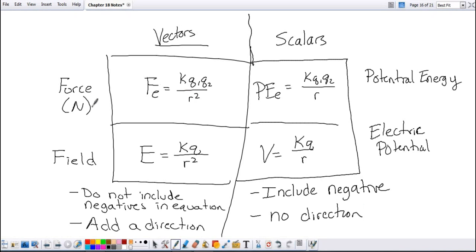But force is measured in newtons, fields are measured in newtons per coulomb, okay? Both vectors, we don't include the negative in the equation, instead we have the direction at the end. Then we've got potential energy, which is an energy, so it's measured in joules. And then we have potential difference, which is a joule per coulomb, which is a volt, okay? And these are scalars, so we do need to include the negatives in here, but we do not include a direction.